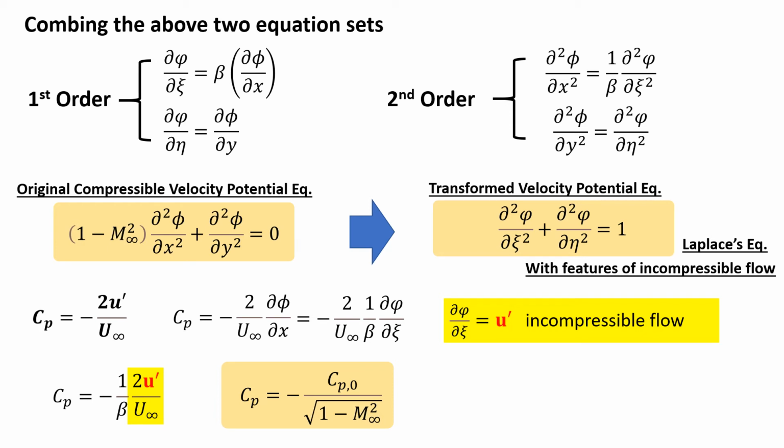Because if we know a pressure coefficient at a slow speed, which is equivalent, for example, to 5 meters per second, which is equivalent to incompressible flow, because at that speed regime we don't need to take the compressibility effect into account.